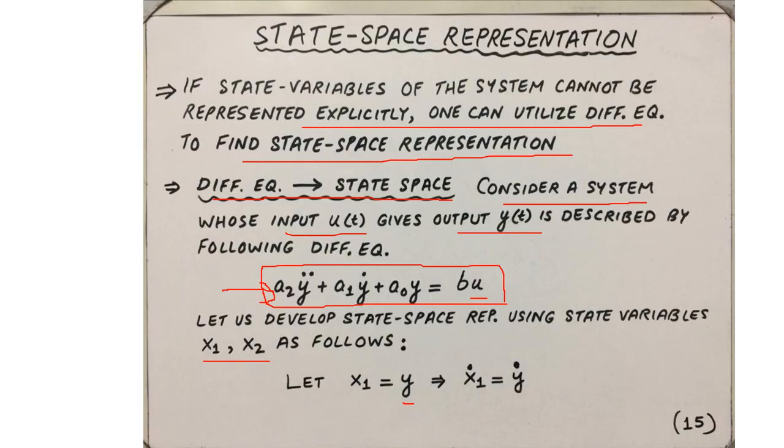So in the first step, we are going to say let x1 equal y. That is, our state variable has been set equal to the output y. What that means is that if I take a derivative of y, this gives me the derivative of x1. In other words, x1 dot equals y dot.